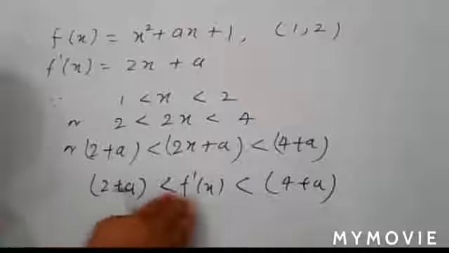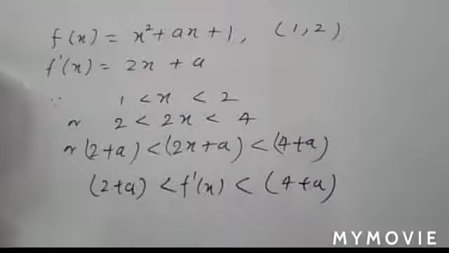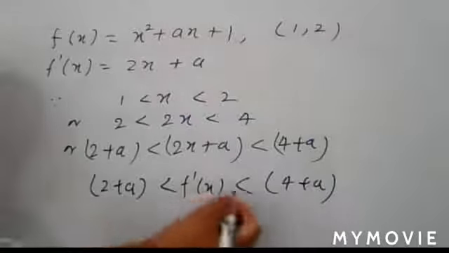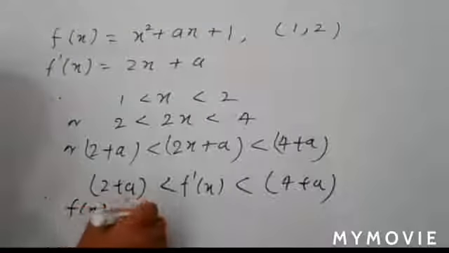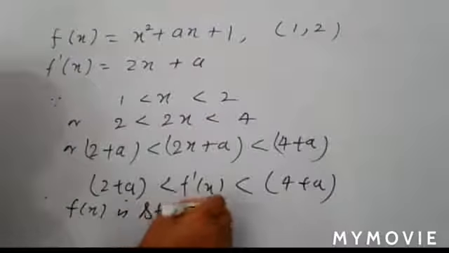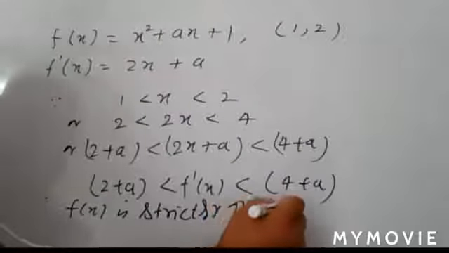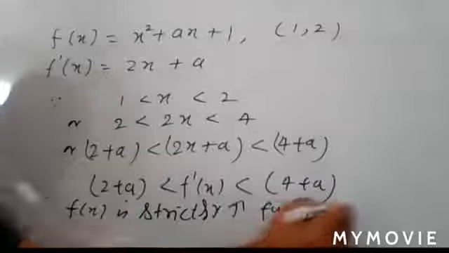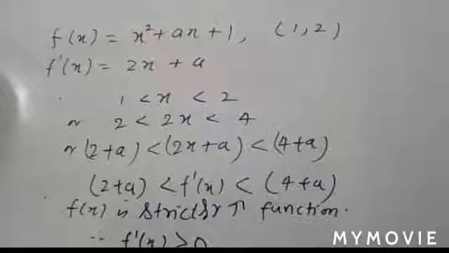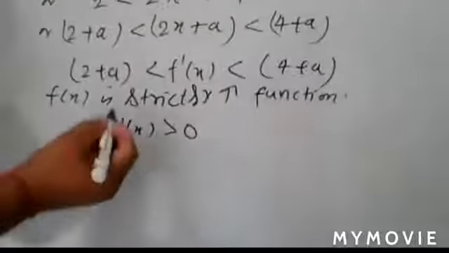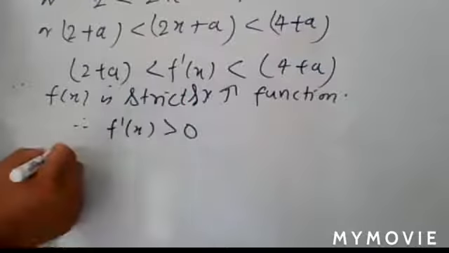So what does it mean? If you are saying f dash x is greater than 0, no doubt 2 plus a is greater than 0. So you write, since fx is a strictly increasing function, f dash x is greater than 0. And here you see that f dash x is greater than 2 plus a.